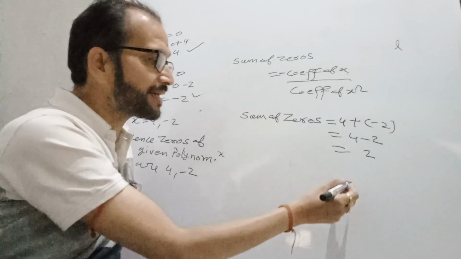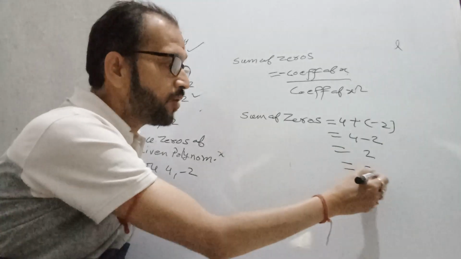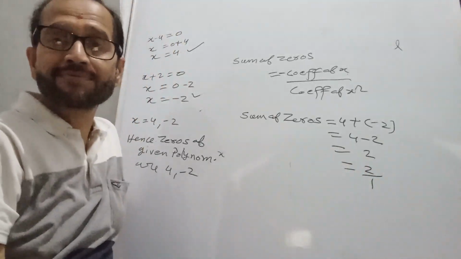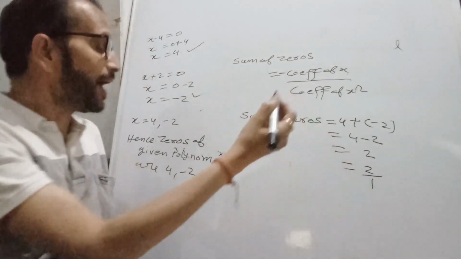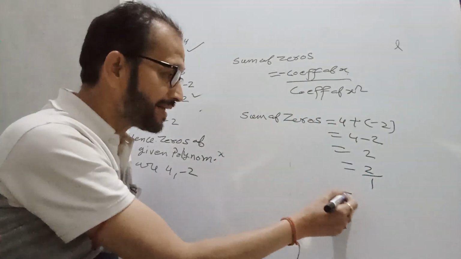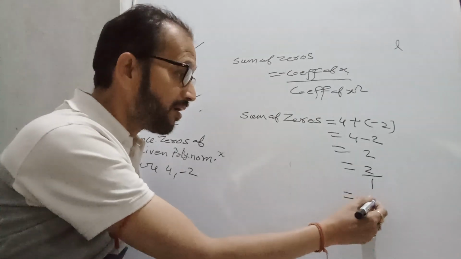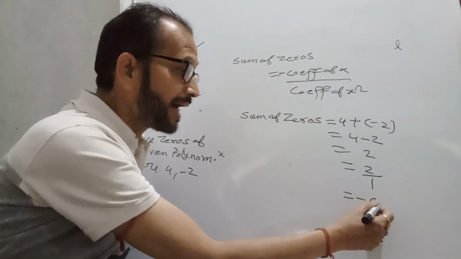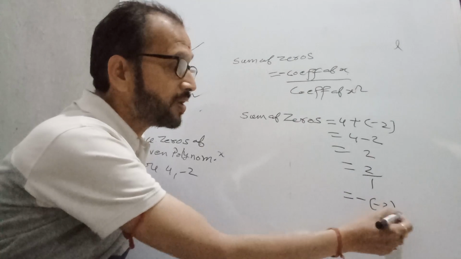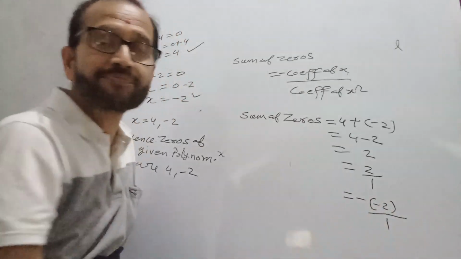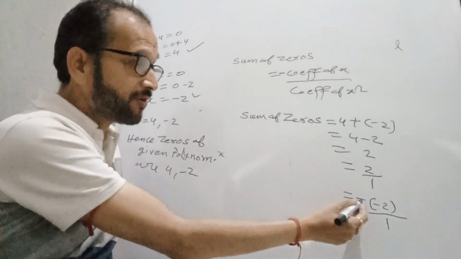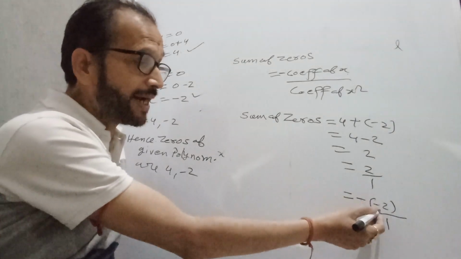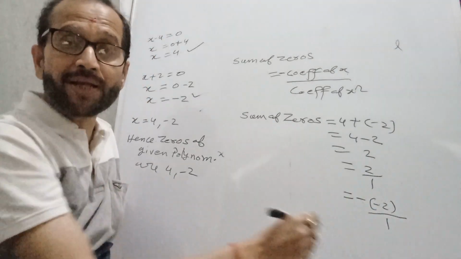And you can write it 2 upon 1. And 2 is what? You can write minus of minus 2 upon 1. Okay? Minus of minus 2. Minus into minus plus, 2 upon 1.